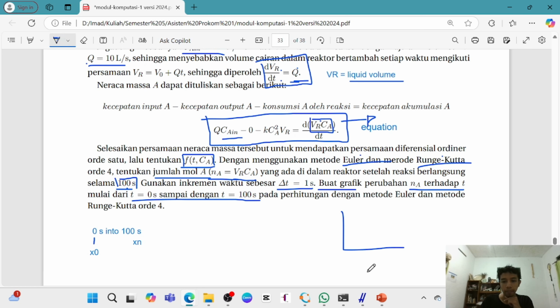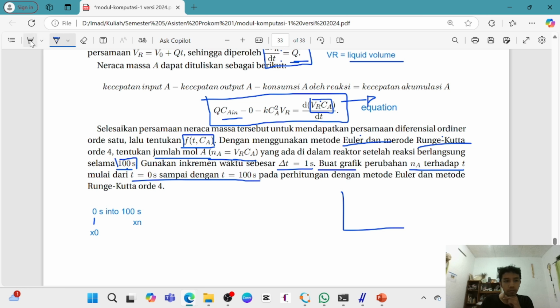This is the time, this is the mole of A. The time is from 0 to 100. Use the Euler and Runge-Kutta.